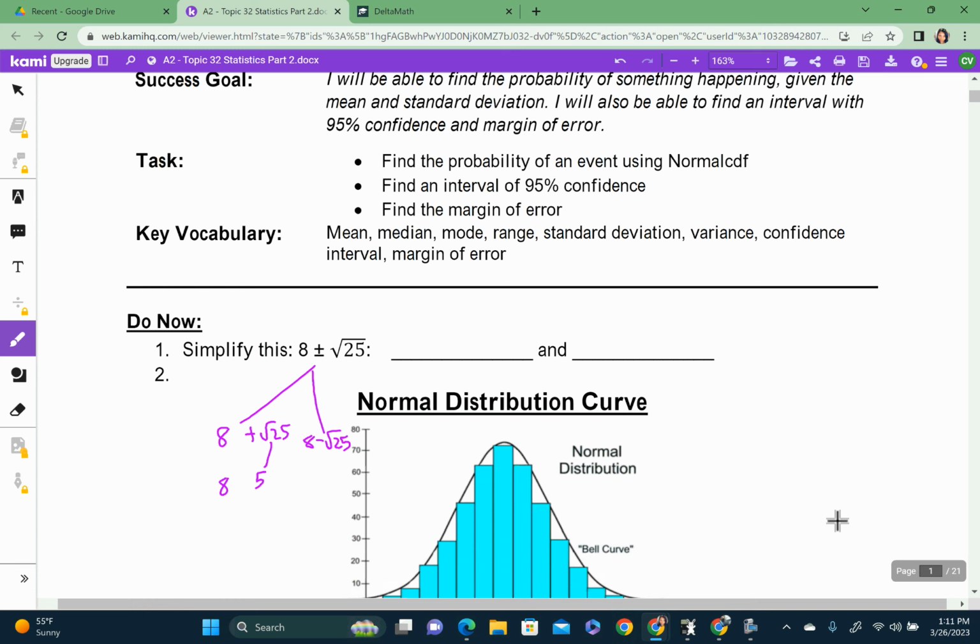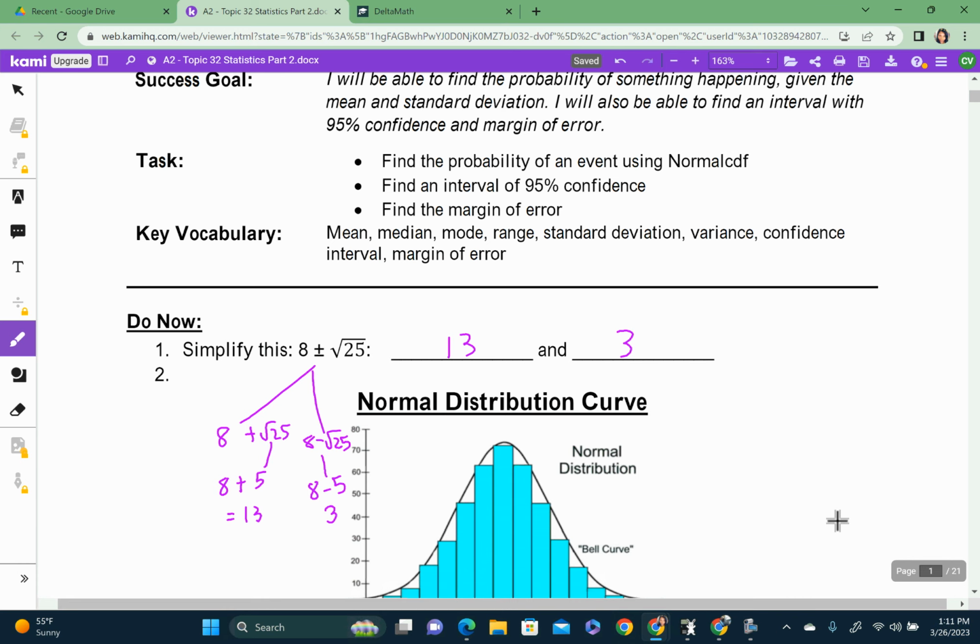So on the left-hand side, we have 8 plus 5, which is 13. So one answer is going to be 13. And then this one right here is 8 minus the square root of 25, which is 5, and 8 minus 5 is equal to 3. So 13 and 3 are our two values if you have something like this.